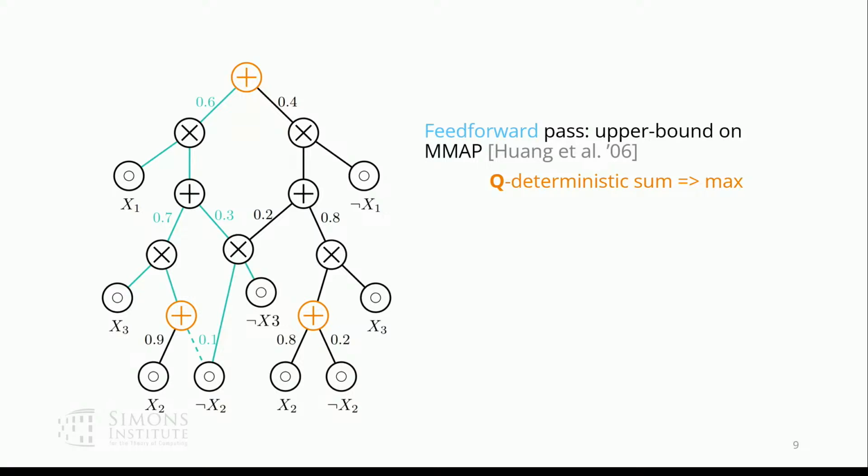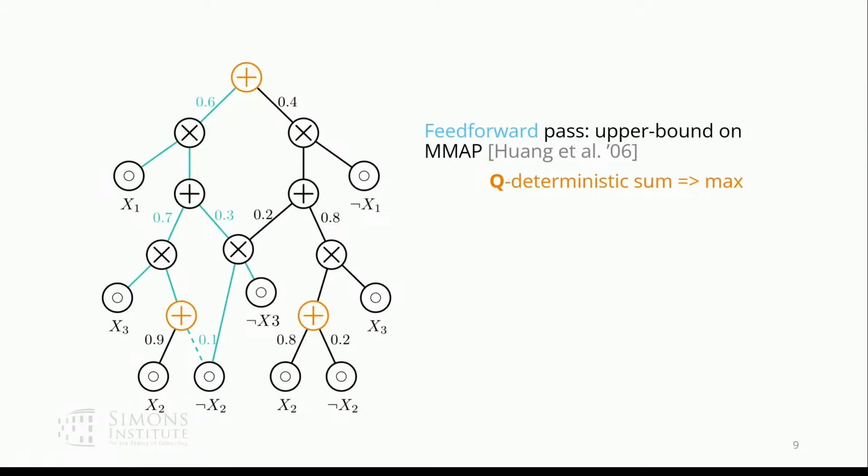So now we're going to look at the sum nodes and see which ones are actually Q deterministic. You can just think of them as a decision node on a query variable. So for any of those sum nodes that split on a query variable, what we'll do is turn that into a max node.